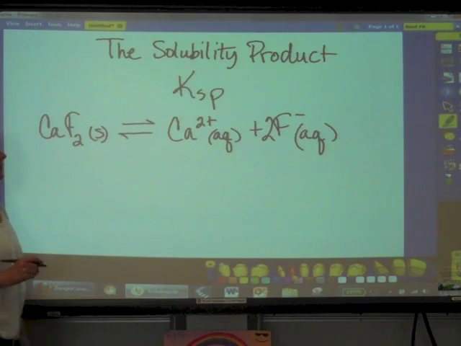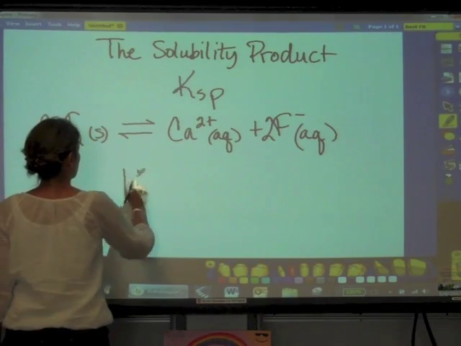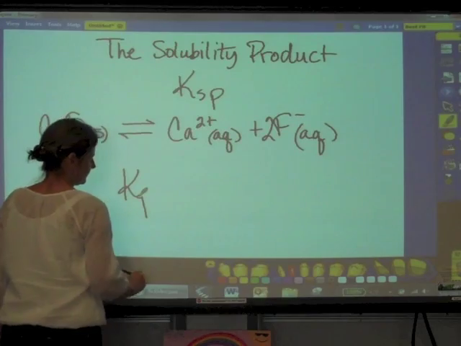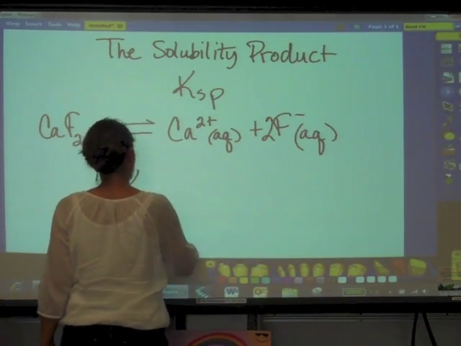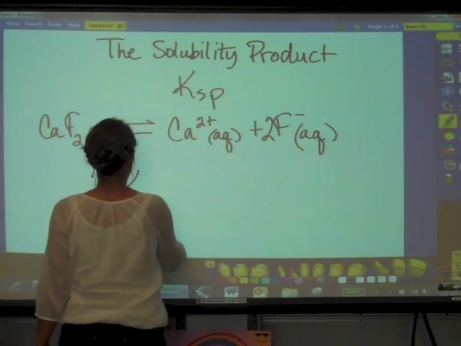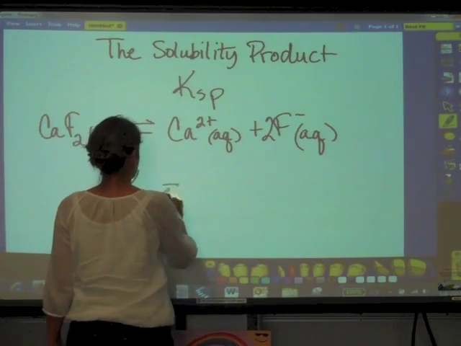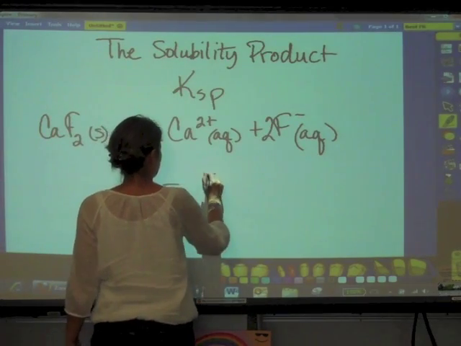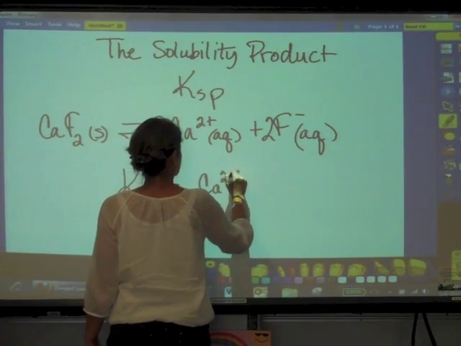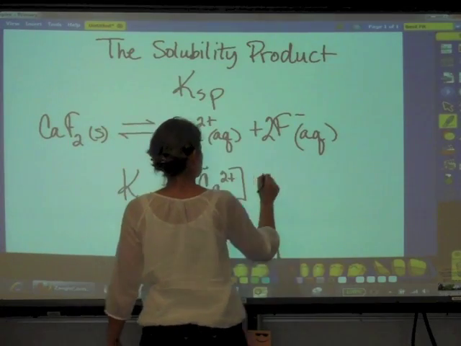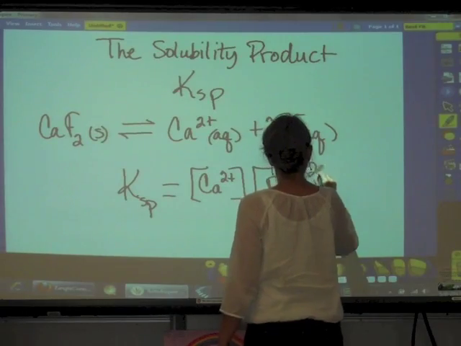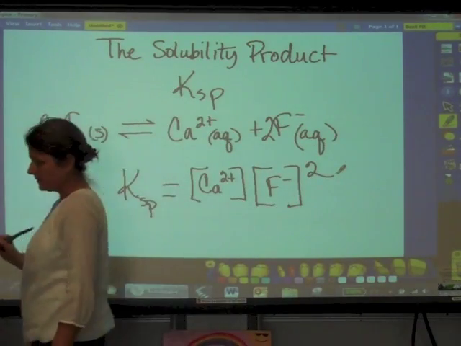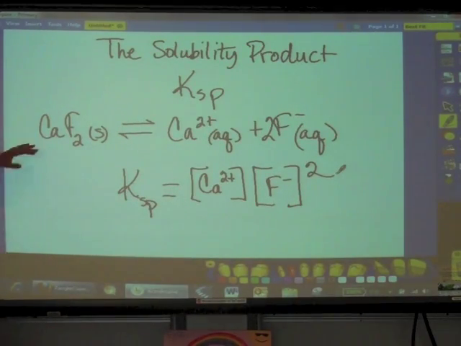All right, so our equilibrium expression is going to look like Ksp is equal to... where's the calcium fluoride in this thing?